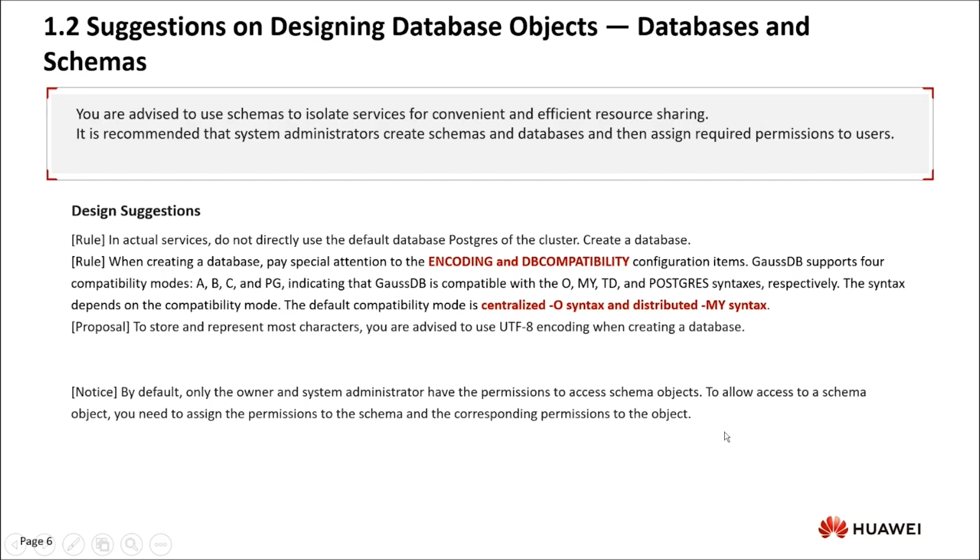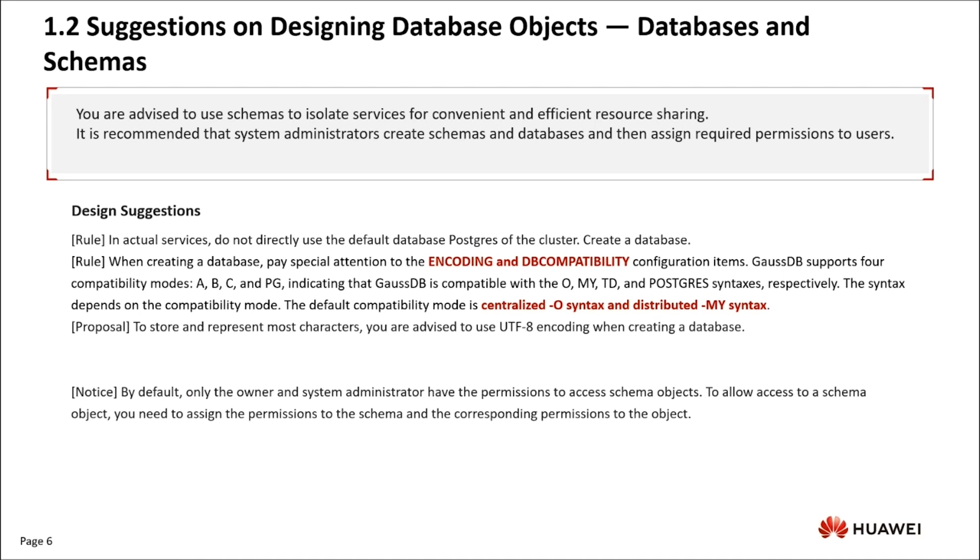And now, after a short introduction of database naming conventions, let's discuss the best practices to design database objects. So first of all, in GaussDB, you are advised to use schemas to isolate services for convenience and efficient resource sharing.